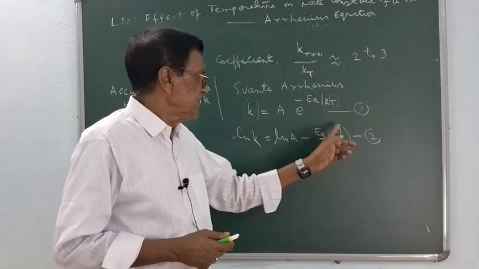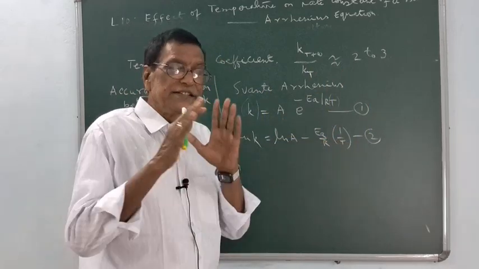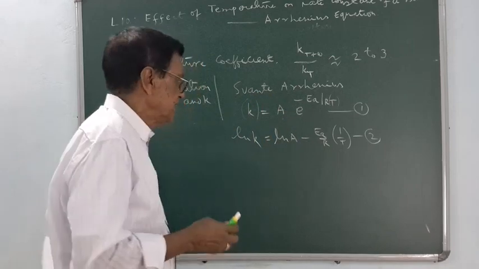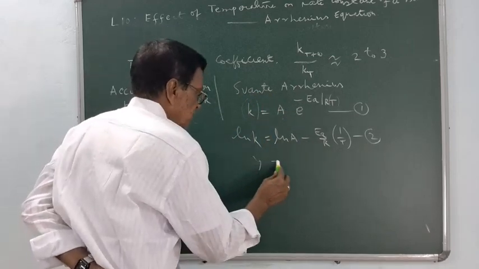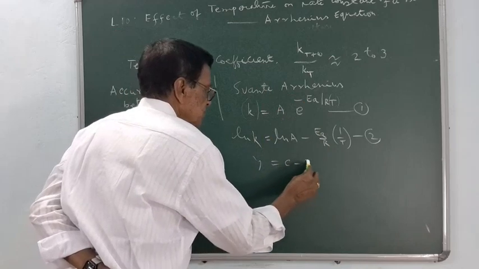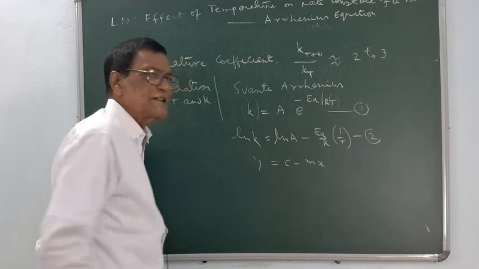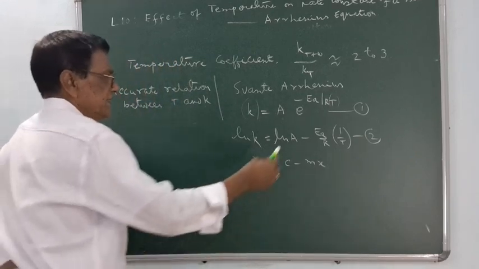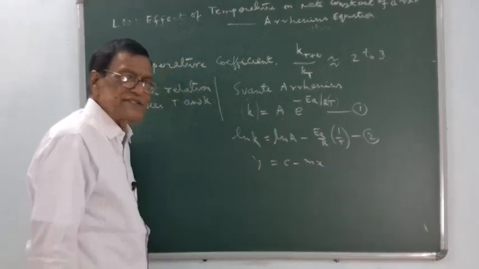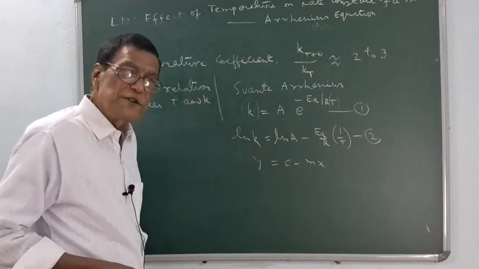So, 1 by T and ln k are the variables, and this equation is like y equal to c minus mx. This is the independent variable and this one is the dependent variable.